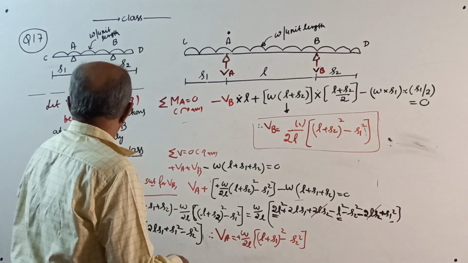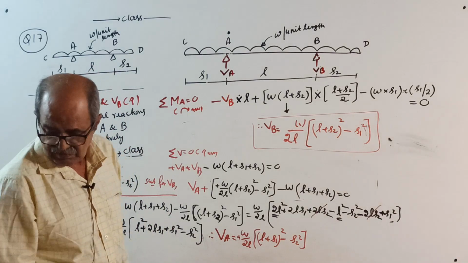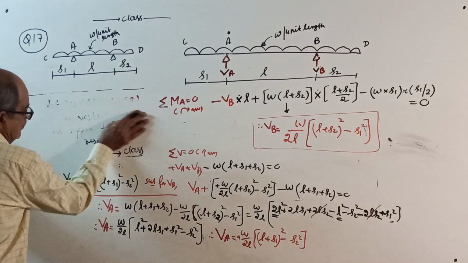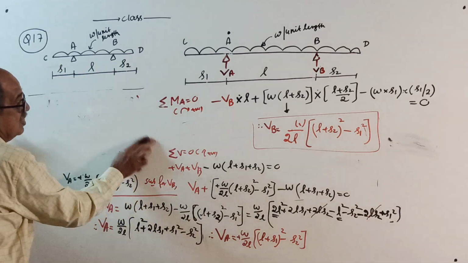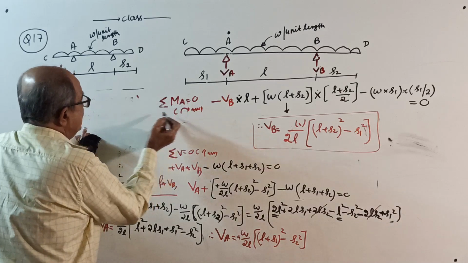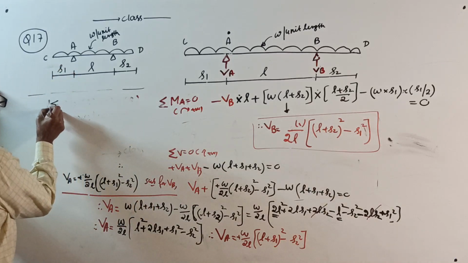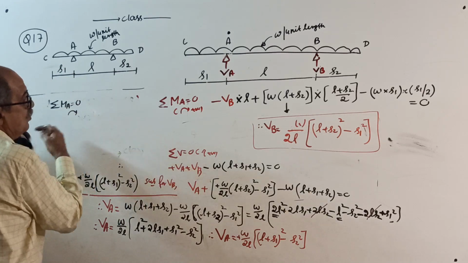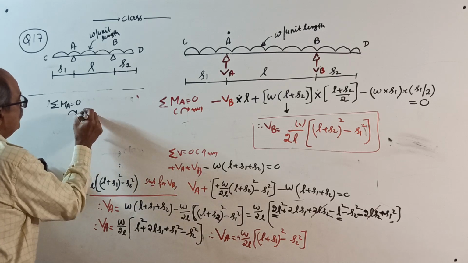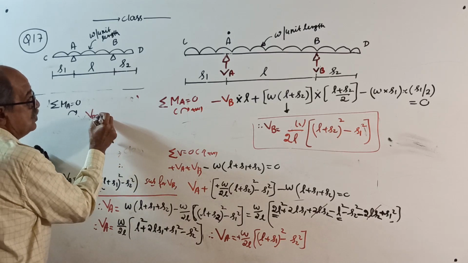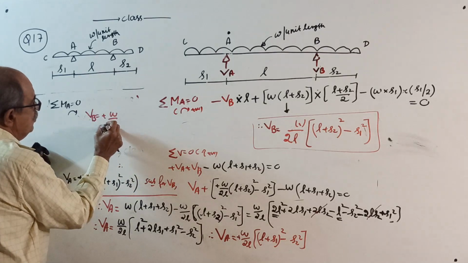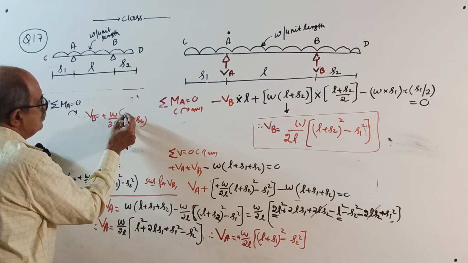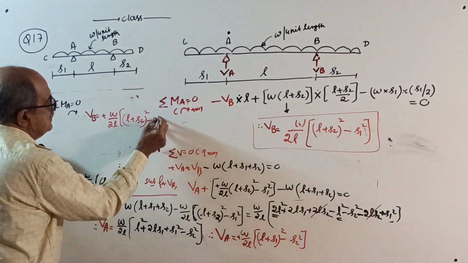One minute, I will tell that also. Make a note if you are interested. Sigma M about A, we took clockwise positive, we got VB equal to plus W by 2L into L plus S2 square minus S1 square.